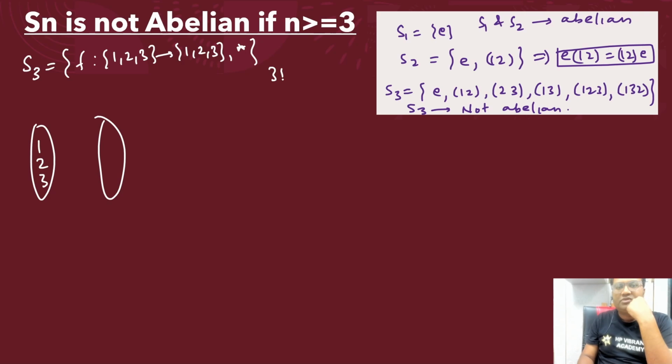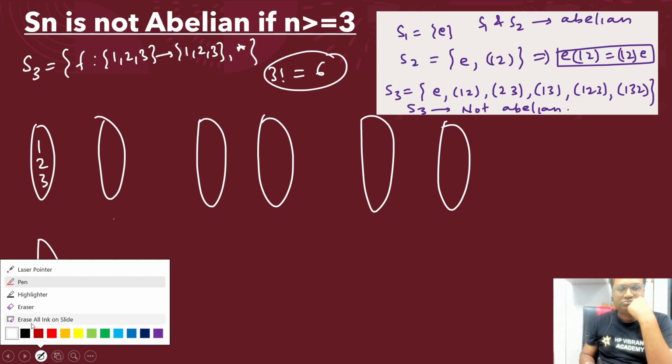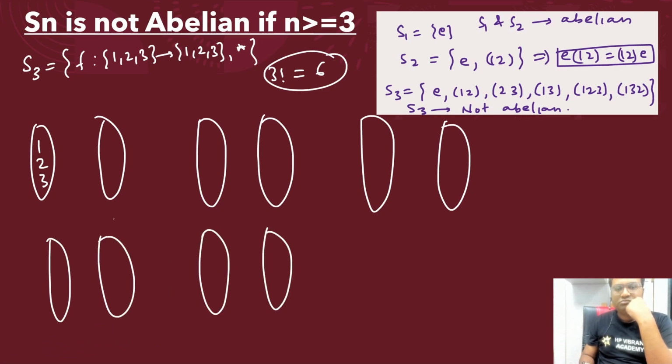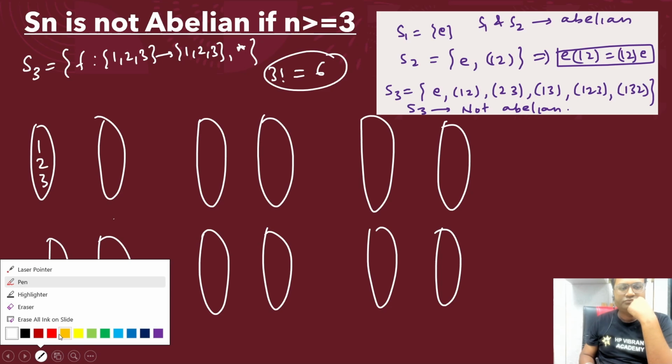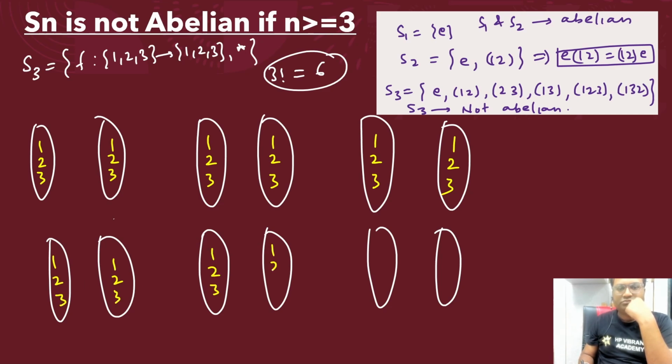We have 3 factorial bijections, which means six bijections will be there in S3.